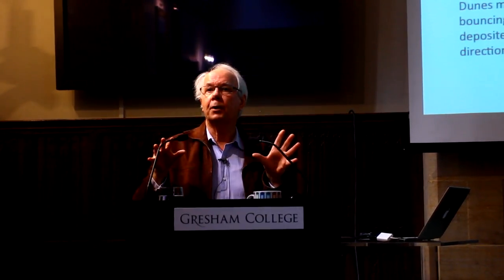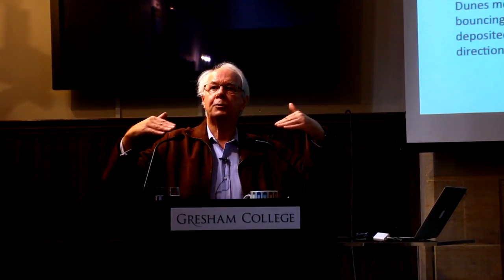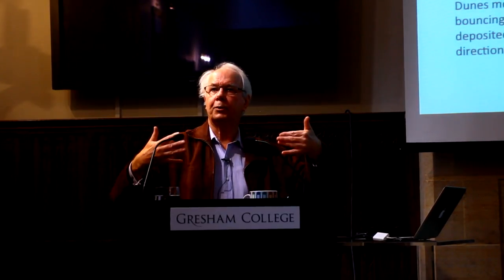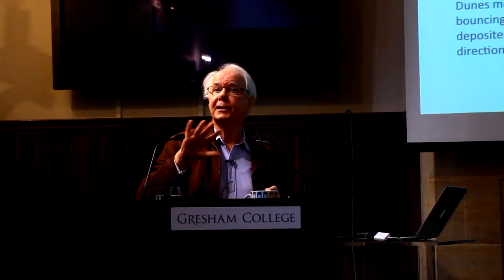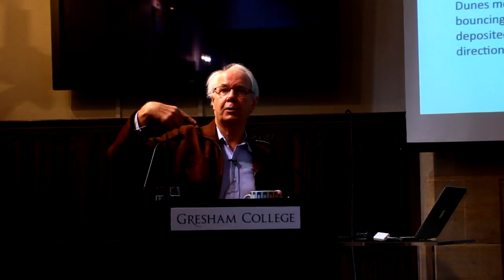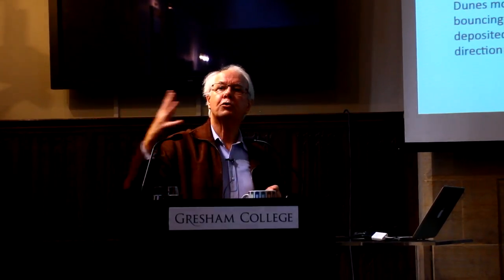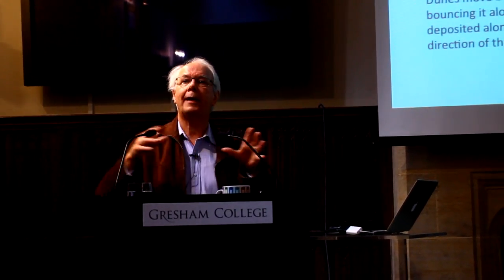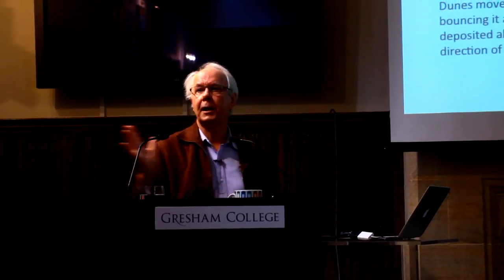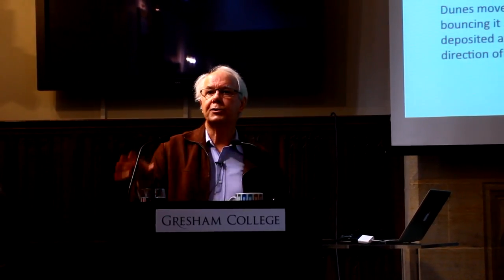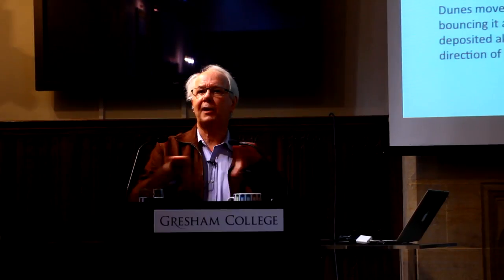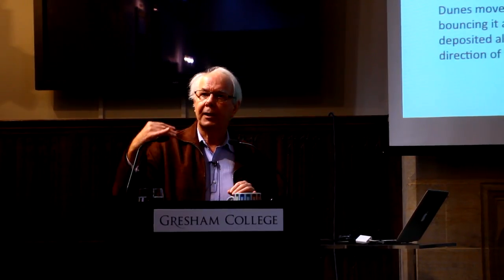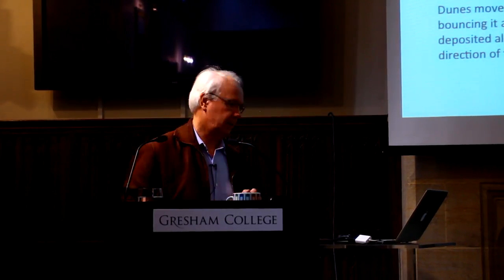Sand gets moved around, the shape of the dune affects what happens, and it also affects how the wind blows. It affects the aerodynamics. So there's this interaction between the wind and the sand. And even if it's a steady wind, once the sand changes shape from flat, the effects of the wind are different in different places.